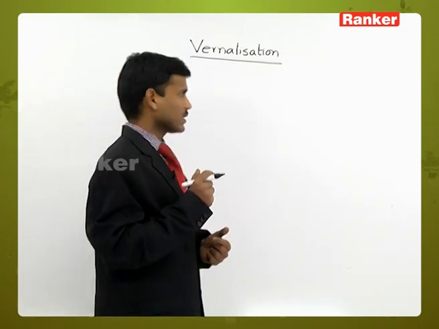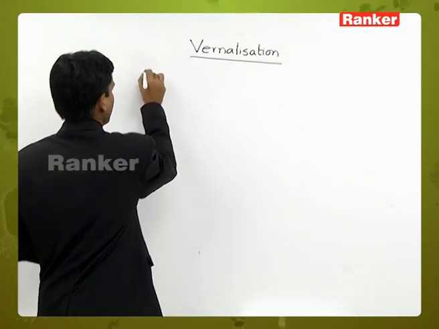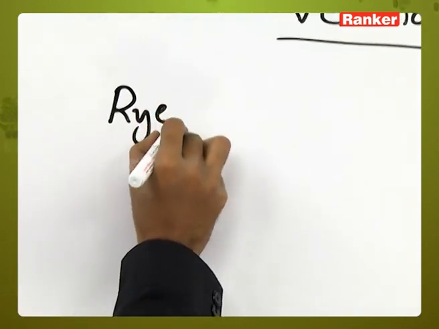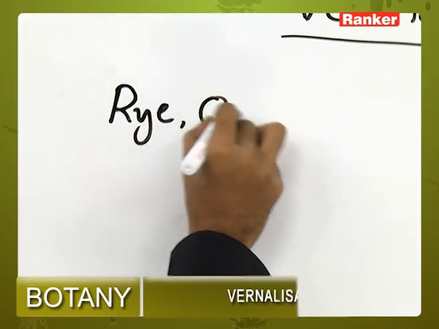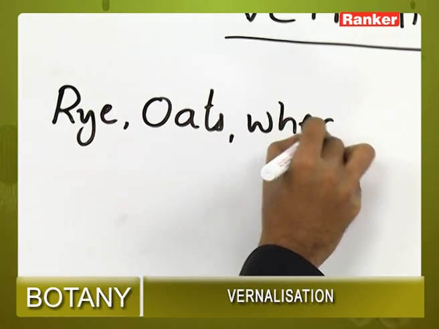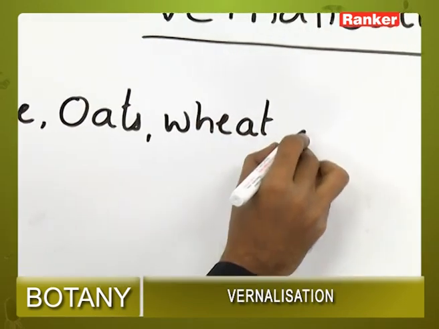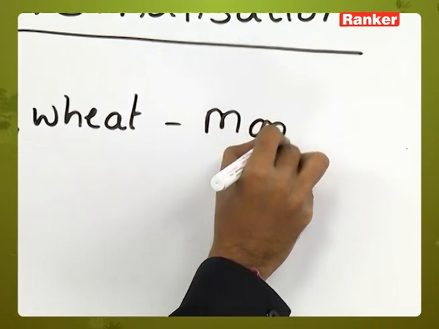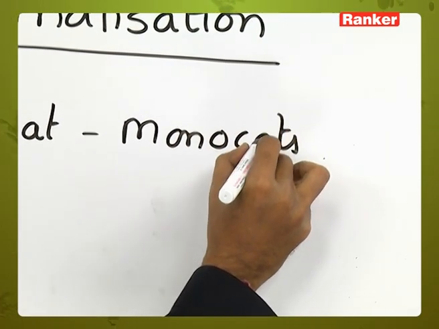Here some plants are there like rye, oats, or wheat. These are monocot plants, or cereal plants.